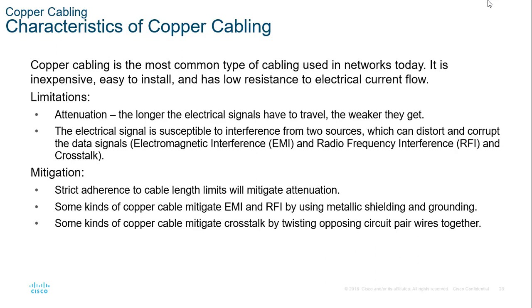So for this reason, we need to develop a cable which will degrade the signal characteristics very little. The electrical signal is susceptible to interference from two sources which can distort and corrupt the data signals: electromagnetic interference (EMI), radio frequency interference (RFI), and crosstalk.